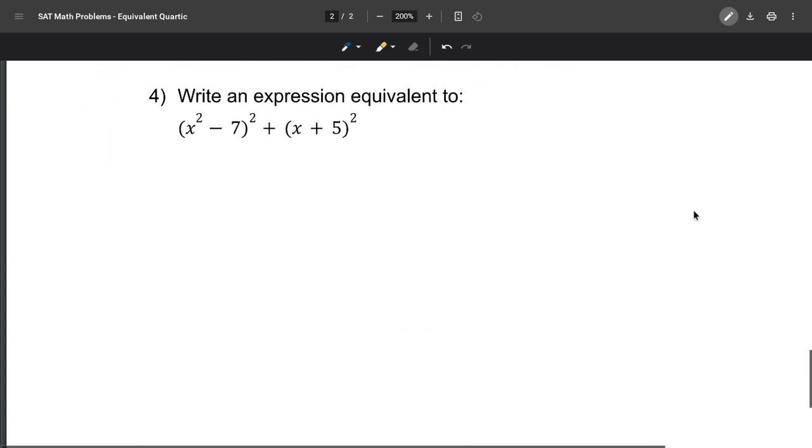All right, this one, write an expression equivalent to the quantity of x squared minus 7 squared plus quantity x plus 5 squared. So 2 perfect square trinomials.